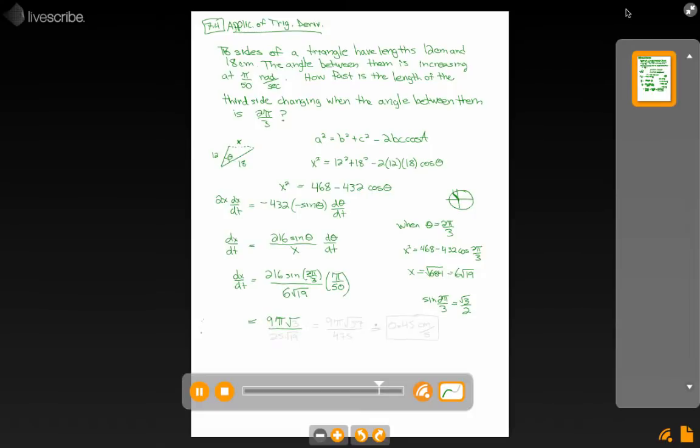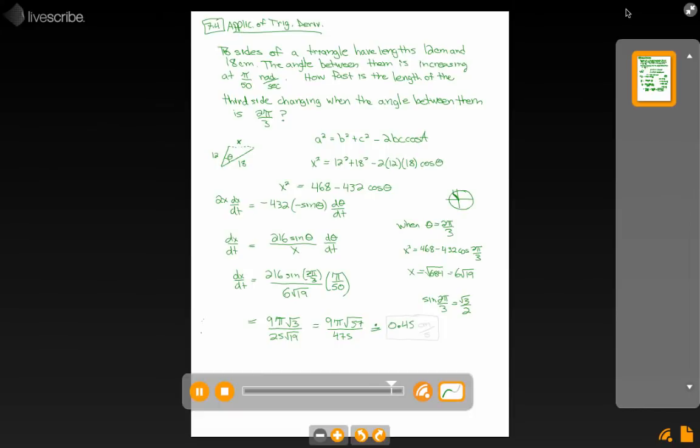You got 9 times pi root 3 over 25 root 19. I got that at some point. If I rationalize it, I've got 9 pi root 57 over 475. Or if you just give up on exact values completely, you'll end up with about 0.45 as your answer.